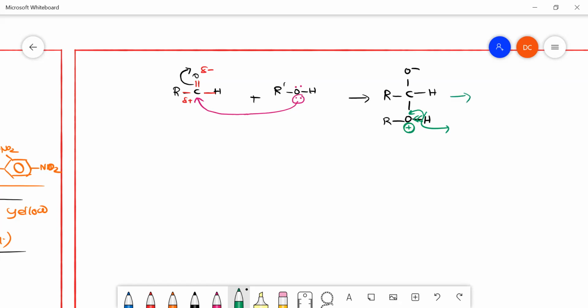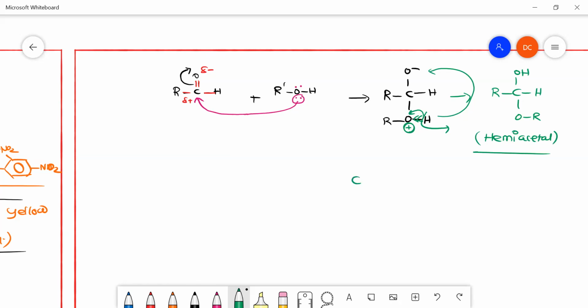This H plus will go and approach that oxygen. Then R, C, H, OH, and here OR. This is called a hemiacetal. Is that clear? There will be a formation of hemiacetal.